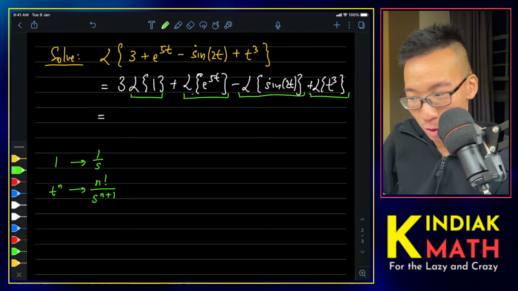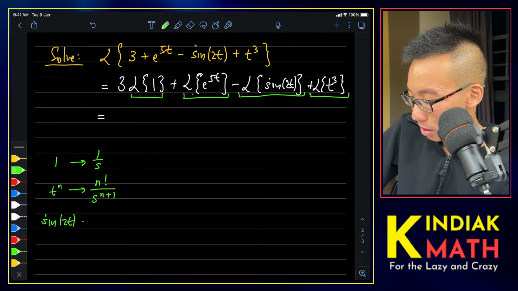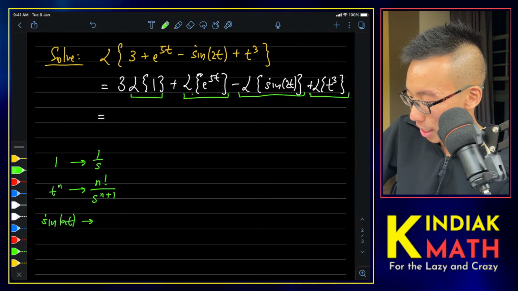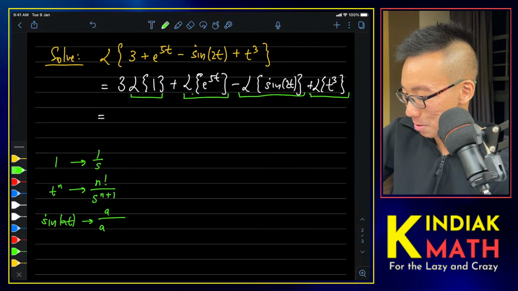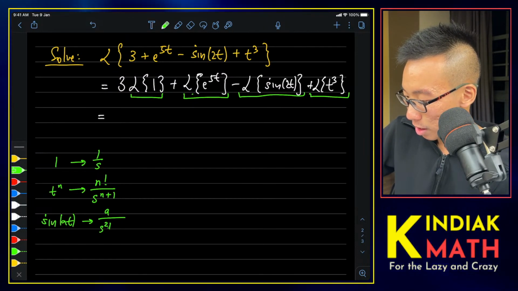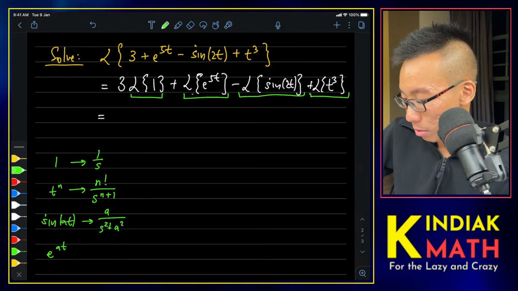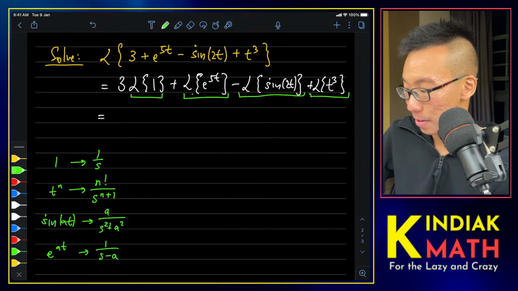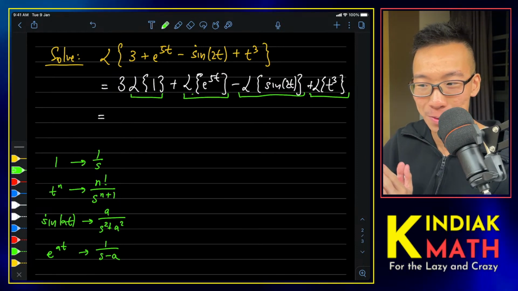I believe the sine of at becomes a over s squared plus a squared. And the exponential e to the at will become 1 over s minus a. I believe these are the values. You can go check that out in the table.